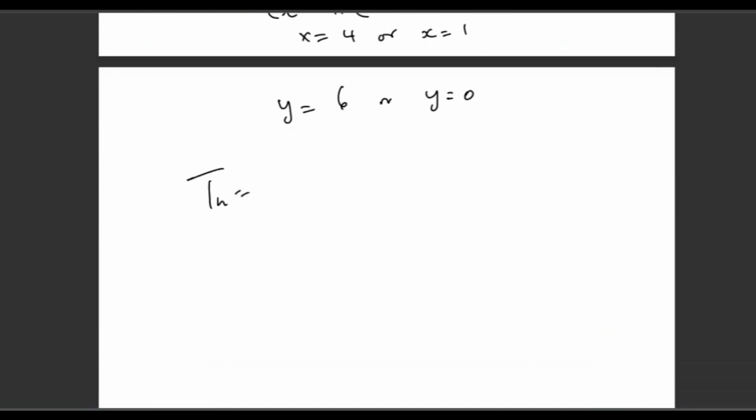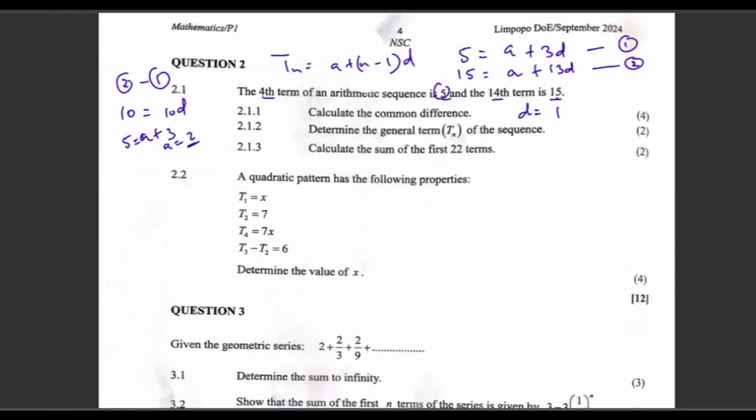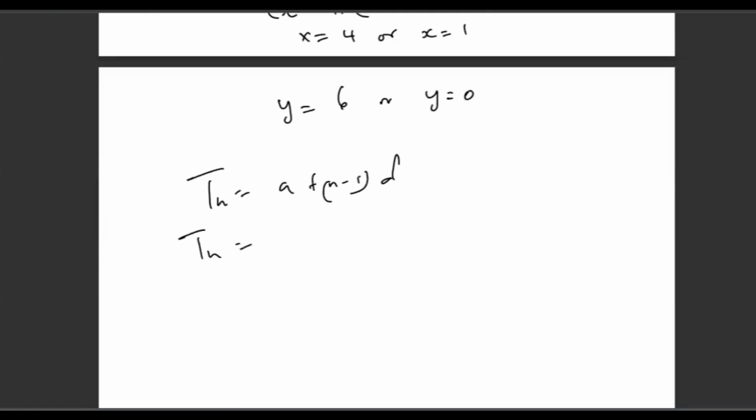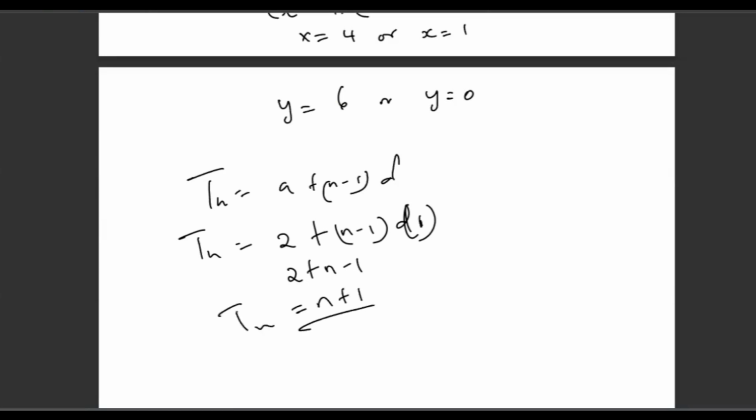Okay, so we're saying Tn is A plus n minus 1 into D. So Tn is going to be 2 plus n minus 1 into D, which is 1 also. Open that up, 2 plus n minus 1, which is the same as n plus 1. So that is our general term that they're asking for.